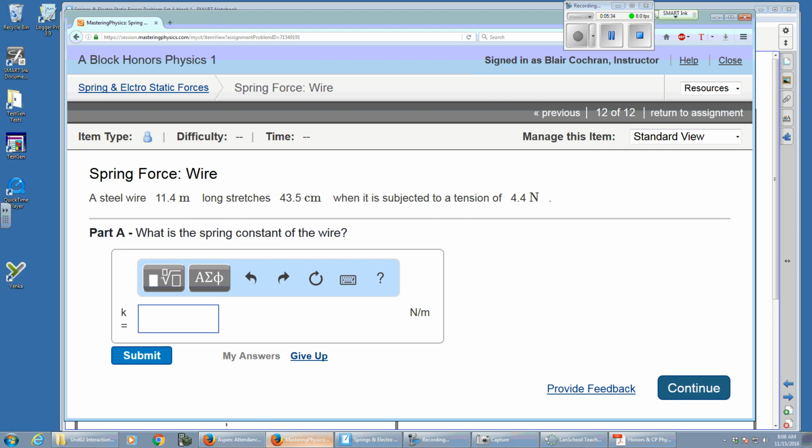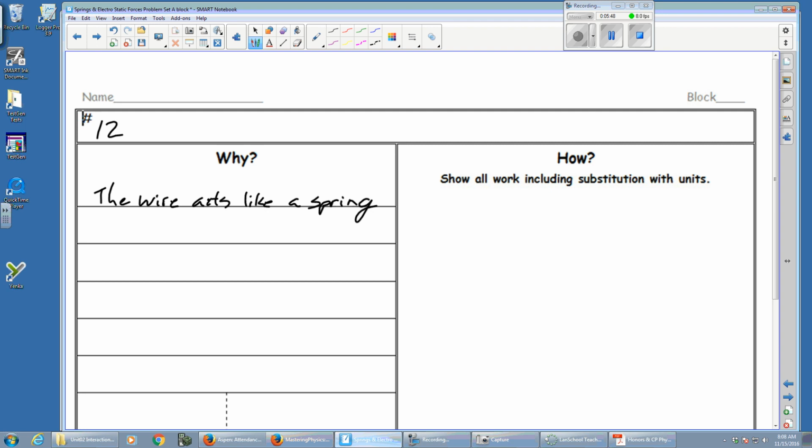It stretches. So what can we say about it? The more force we apply, the more it stretches. So I would put that: more force, more stretch.